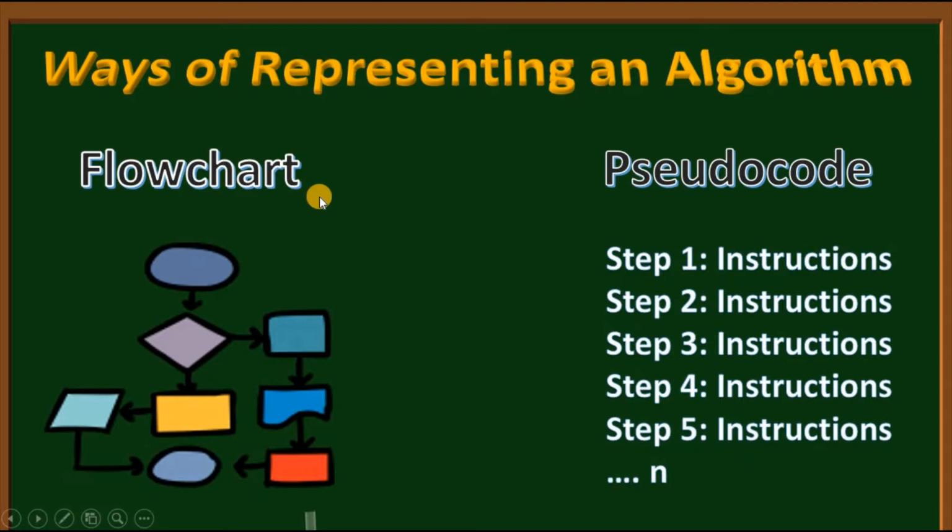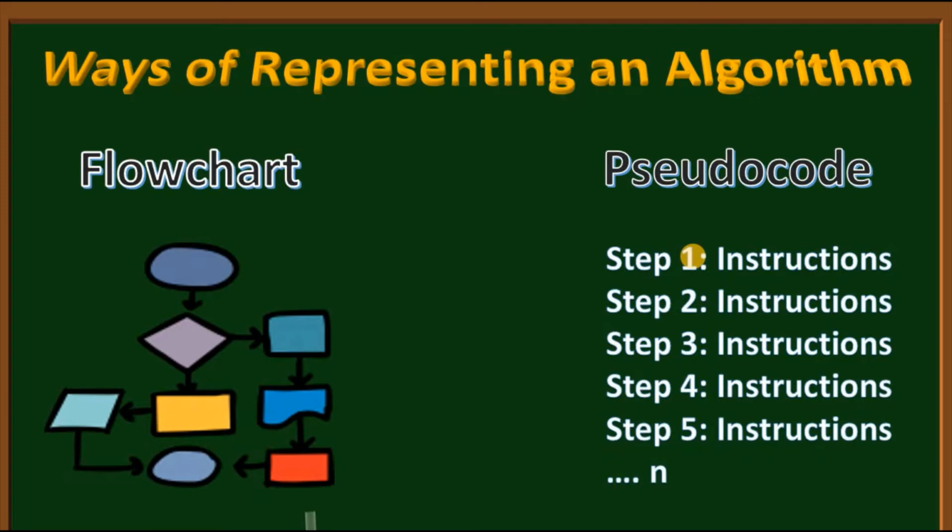A flowchart is a diagrammatical or pictorial representation, using symbols, in order to solve a problem. Whereas a pseudocode gives us instructions in a step-by-step manner that we can use to solve a problem, and later on we'll go into detail as to how we use these to solve problems in IT.